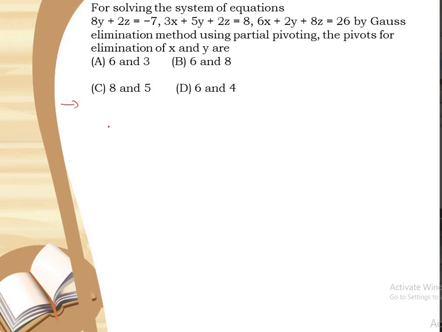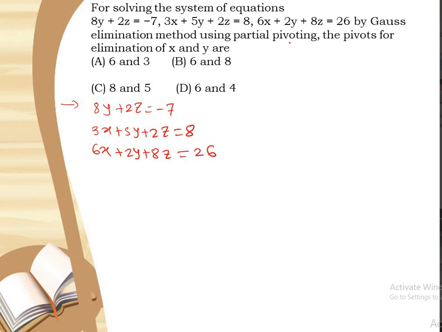So here the equations are 8y plus 2z equal to minus 7, 3x plus 5y plus 2z equal to 8, 6x plus 2y plus 8z equal to 26. These three equations are given.